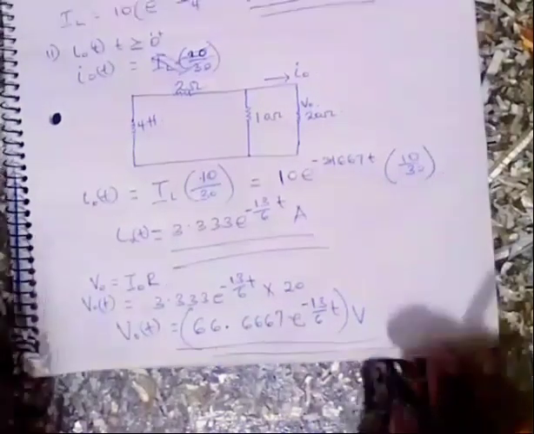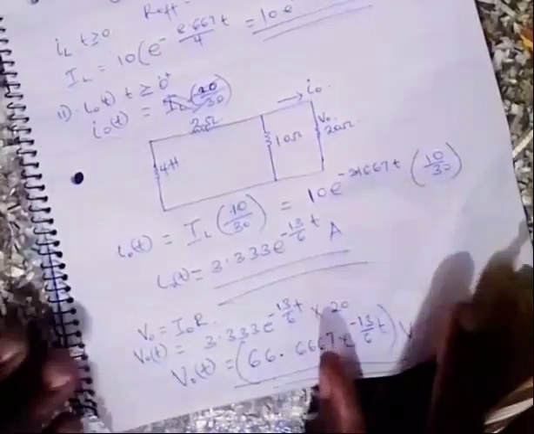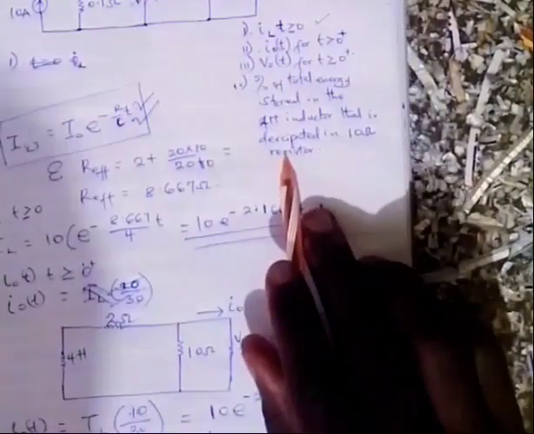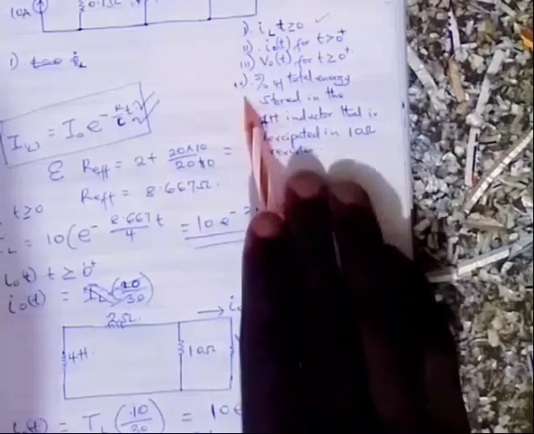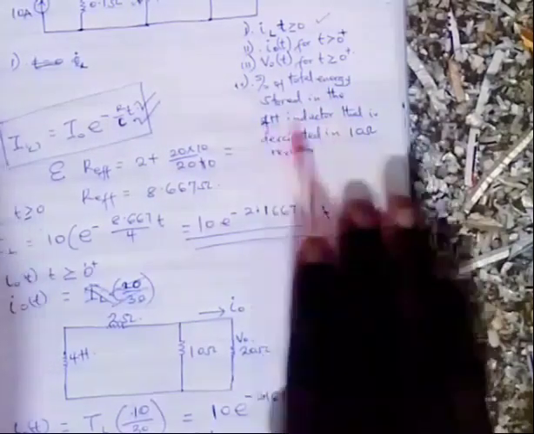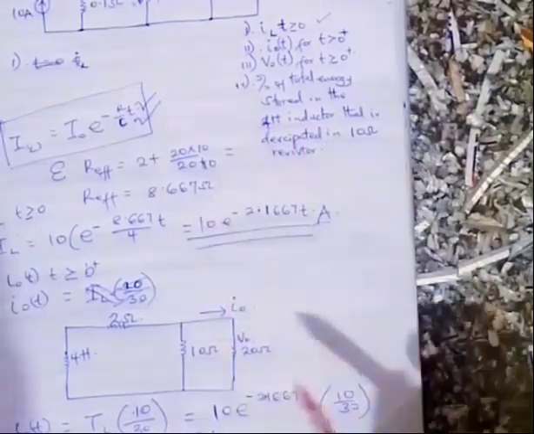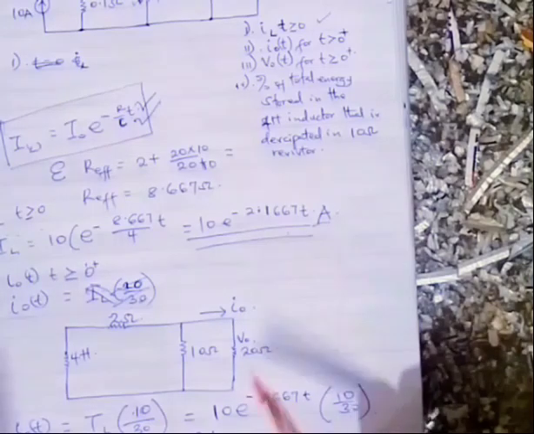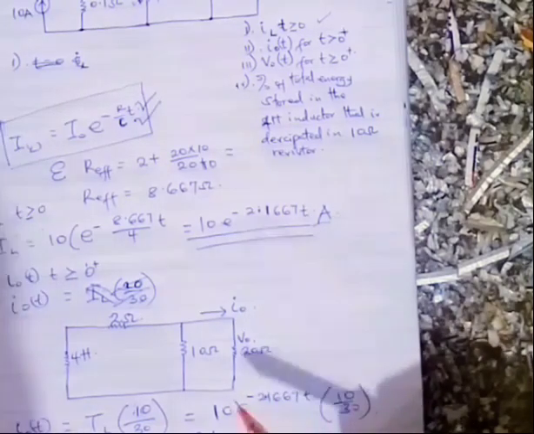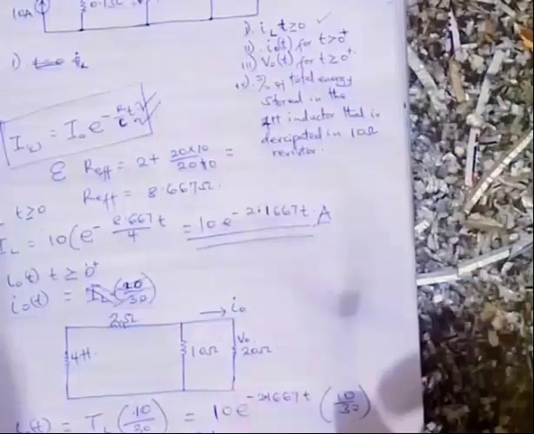Then coming back to the last question, whereby we've been told to find the percentage of total energy stored in the 4 Henry inductor that is dissipated in the 10 ohm resistor.